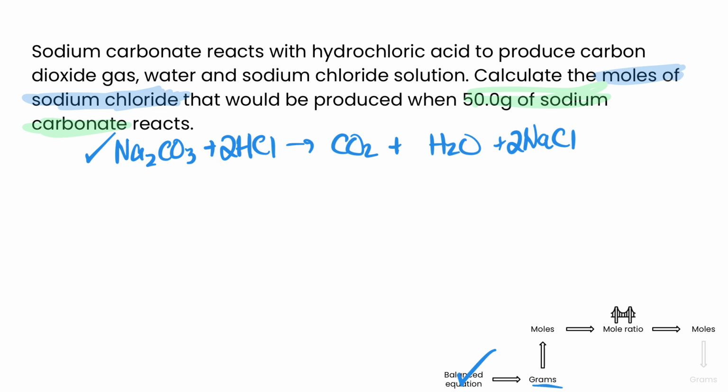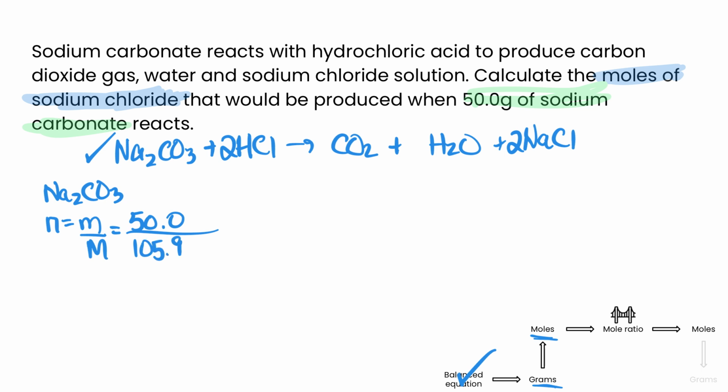Our next step is converting from grams to moles. So we're going to set that up for the sodium carbonate. And we're going to do moles is equal to mass over molar mass. And let's see, we're given 50.0 grams. And the molar mass, if we calculate that for sodium carbonate, is 105.99.